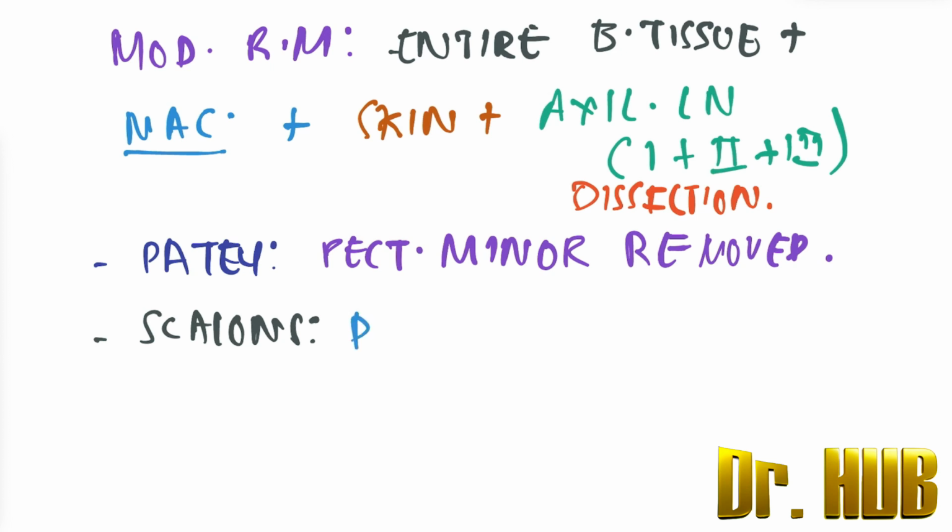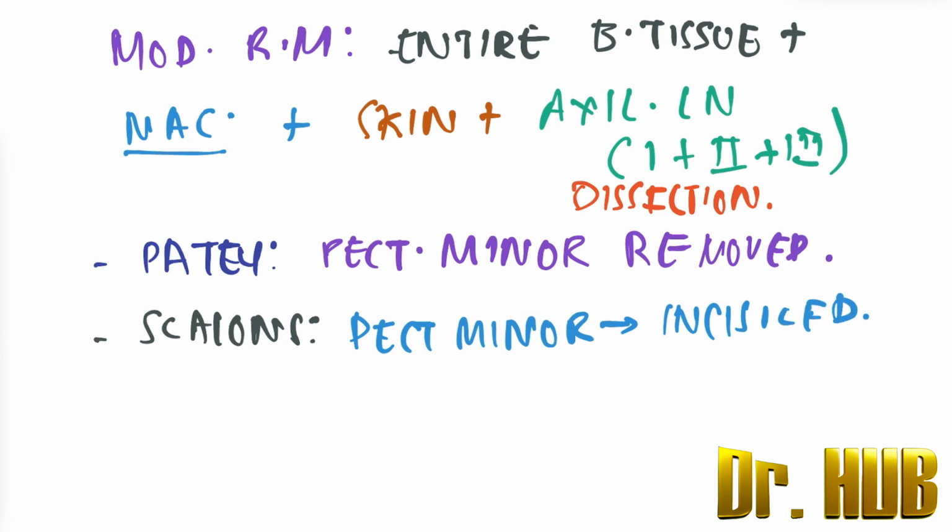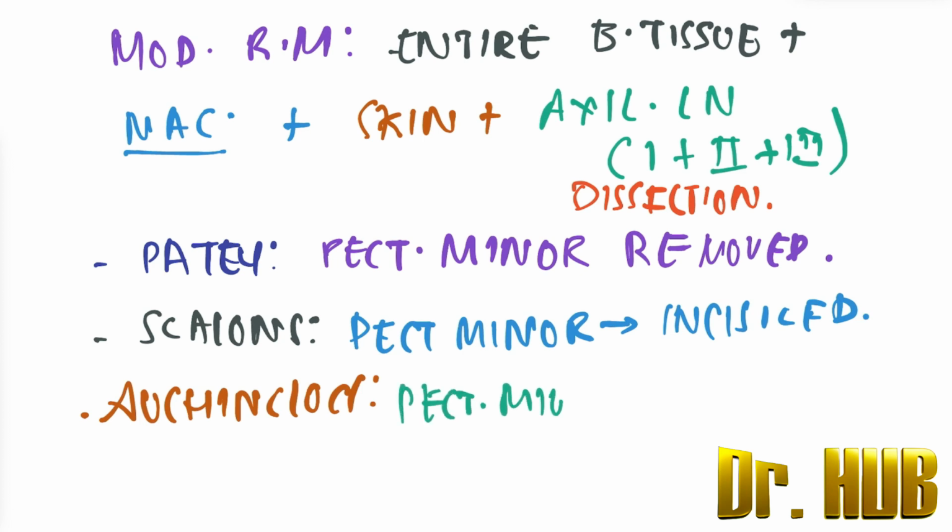Lastly, there is something known as the Auchincloss. Auchincloss means the pectoralis minor is only retracted. This pectoralis minor will remain retracted.